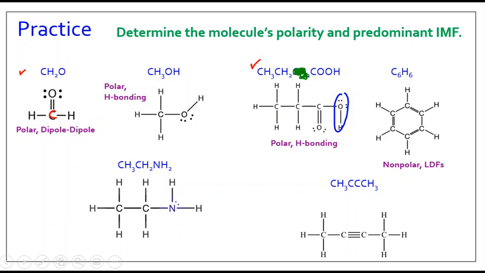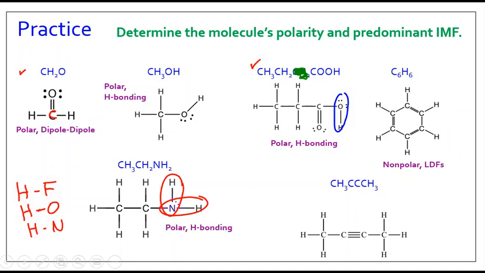Remember, it's H-FON. We have H to F, H to O, or H to N. And guess what? We have two of them here. Two H to N's. So it is hydrogen bonding. Yep, yep. The last one down here, this butane. It's a butane because it has 4 carbons in it.